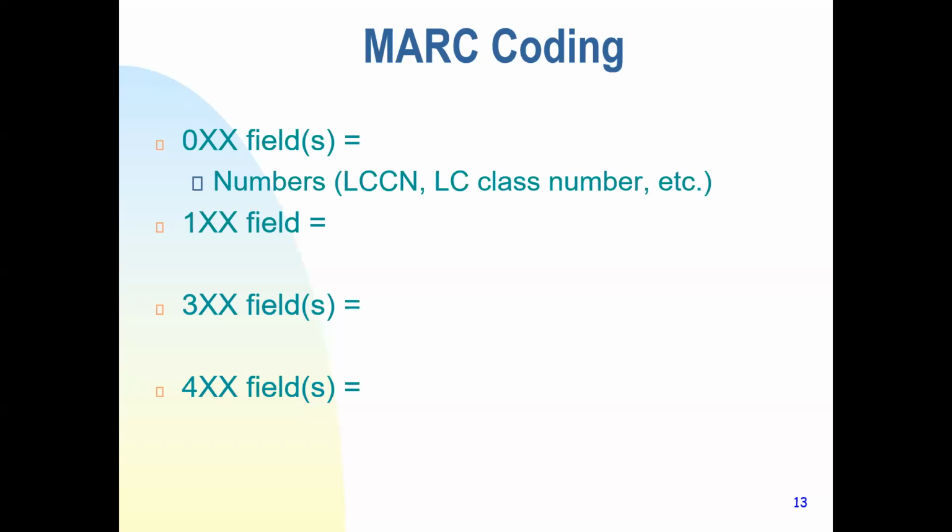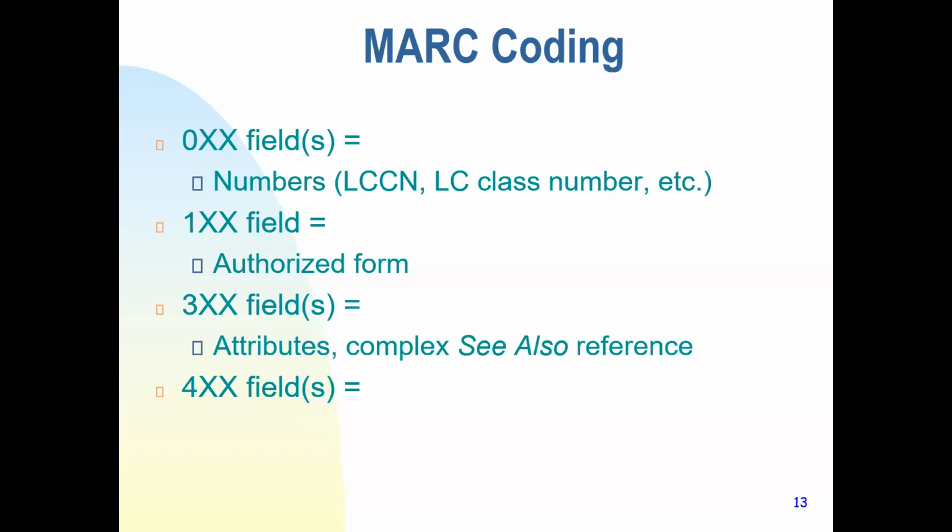This is the most important field of the authority record, really, because it gives us the authorized form or the preferred form that we would be putting in as our subject heading in the record. The 3XX gives us attributes, complex see also references.